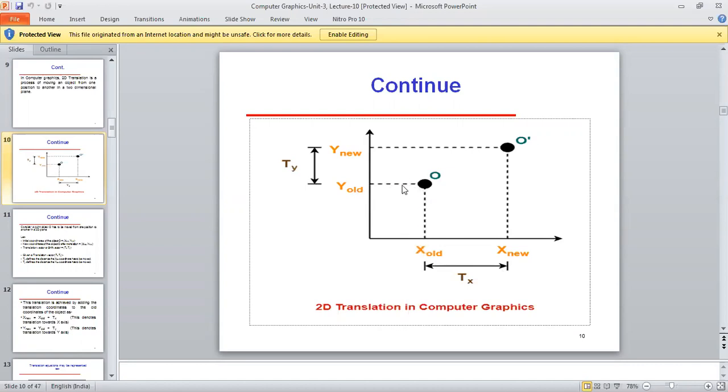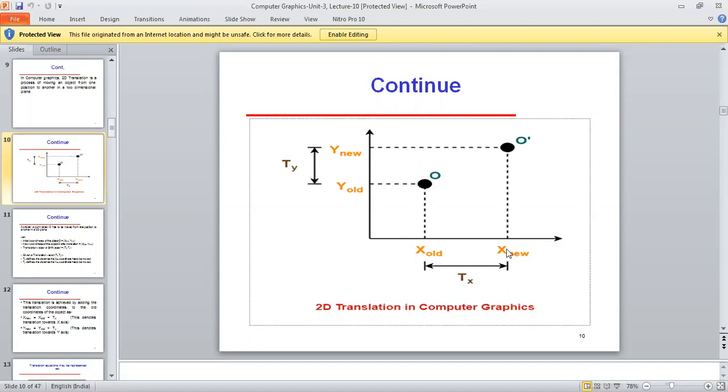So first we will draw our particular image using these points. And after that we calculate the new points, x new and y new. How will we achieve x new and y new? In a similar fashion, we have already studied that x dash is equal to x plus tx, y dash is equal to y plus ty.